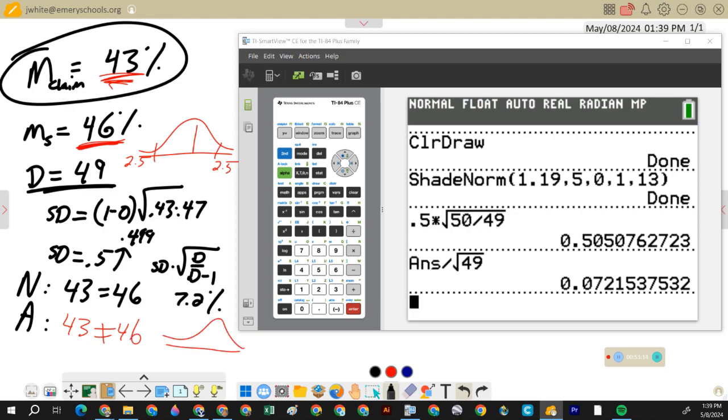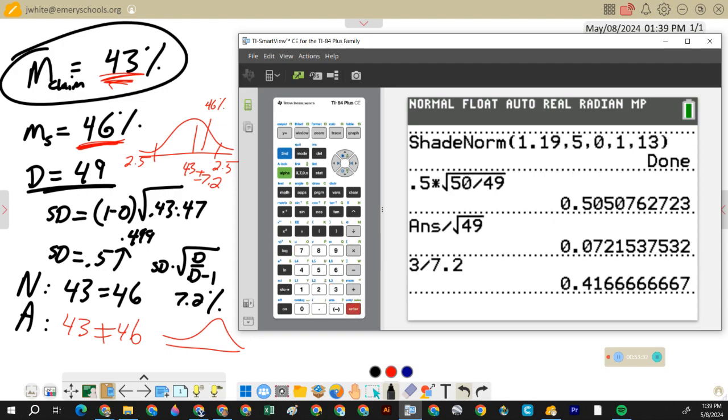So, I guess here's my normal curve. 43 goes in the middle, plus or minus 7.2. And 46 is right here. So 46 minus 43 is 3 divided by 7.2 is 0.41.